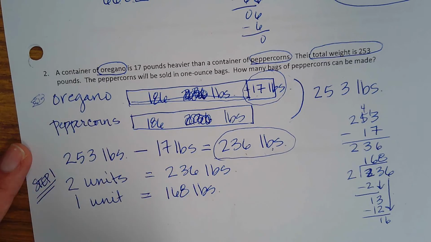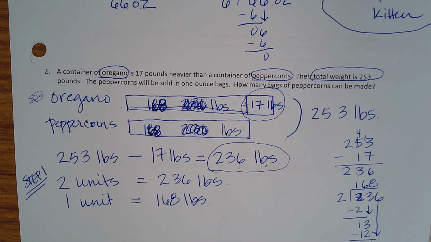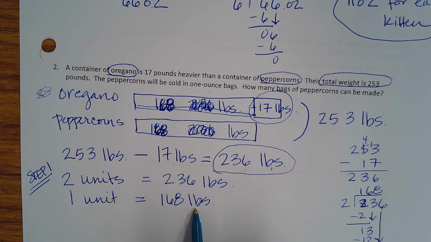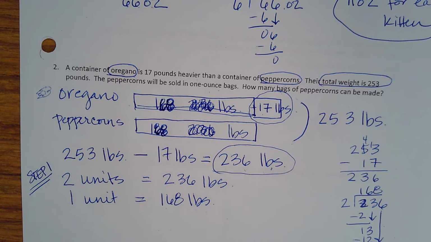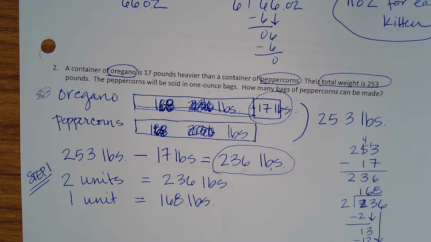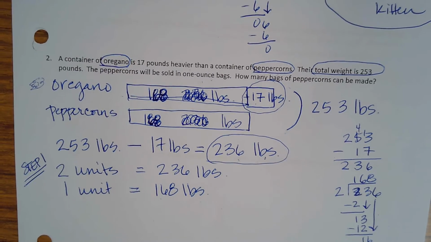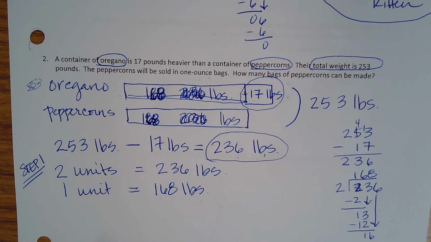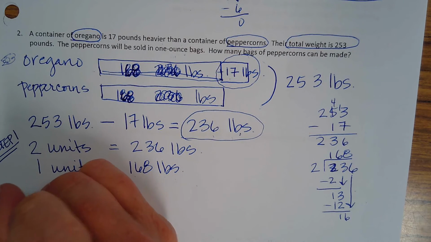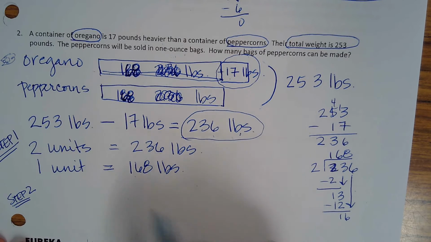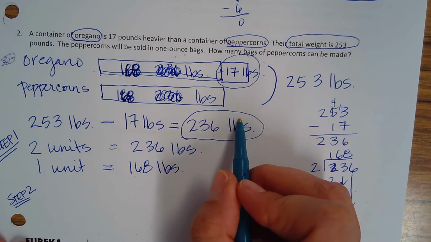This was problem 1. So 1 unit equals 168 pounds. And now our answer has to be in ounces. All right, are you ready? What do you think we should do now? So step 2, we need to convert our pounds into ounces.